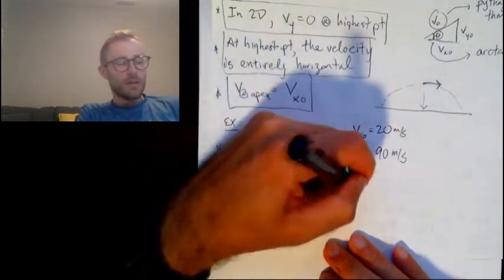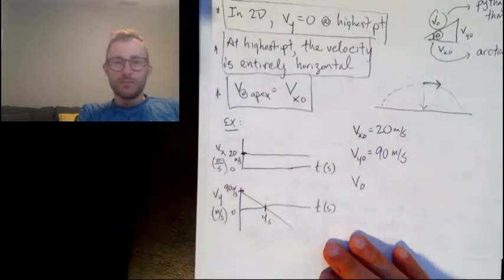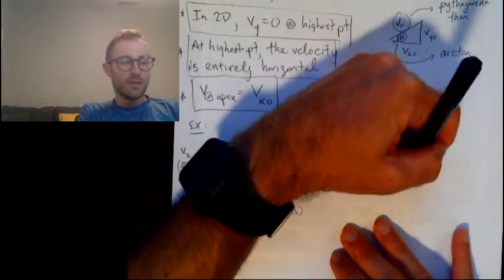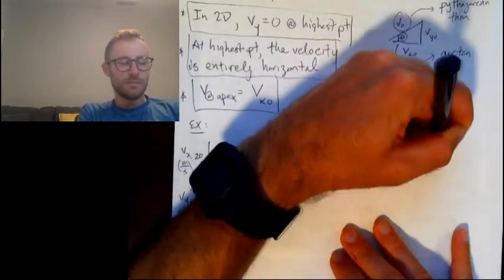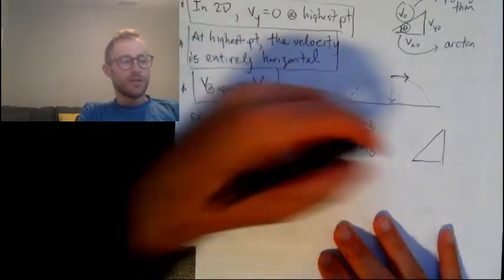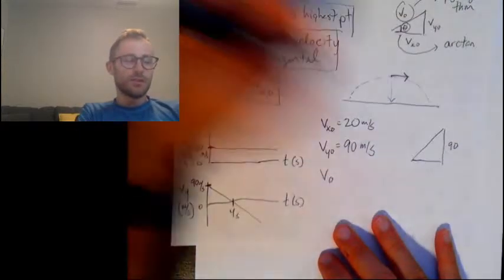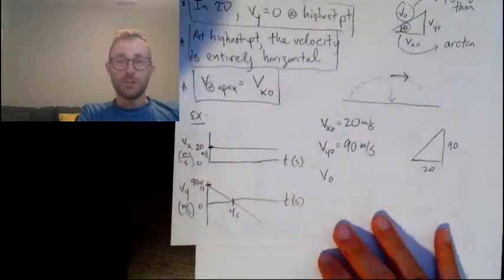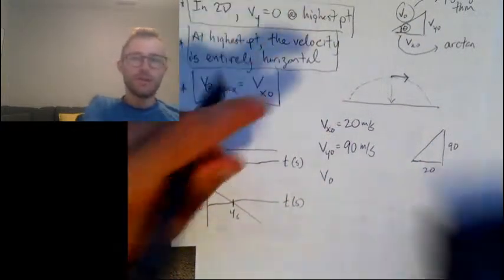Okay? What is the launch speed? So to get the launch speed, if I look at my initial velocity triangle, it goes up 90 and it goes over 20. So how can I get the hypotenuse of that? I would use the Pythagorean theorem, okay?